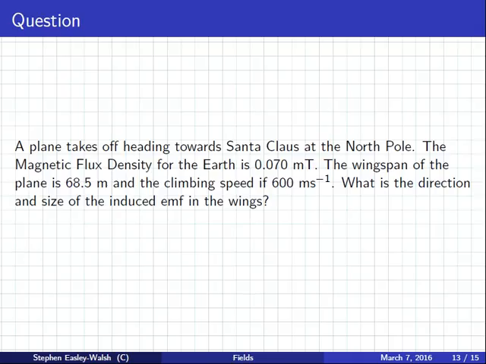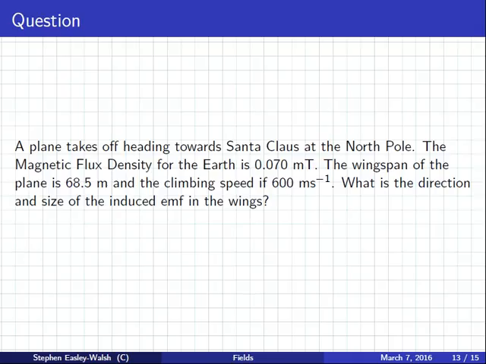Is that Wingsman or Wingspan? Wingspan. Okay. You asked me if that was wingman. No, there's no wingman in this question, alright? The plane is going solo. Maybe Wingspan there to help Santa.